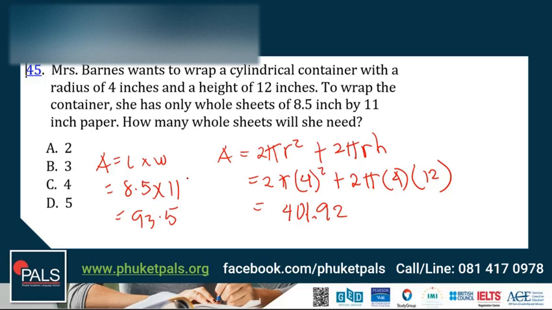And then divide 401.92 by 93.5. The answer is 4.30. So the answer is letter D, 5. She needs 5 whole sheets of paper.